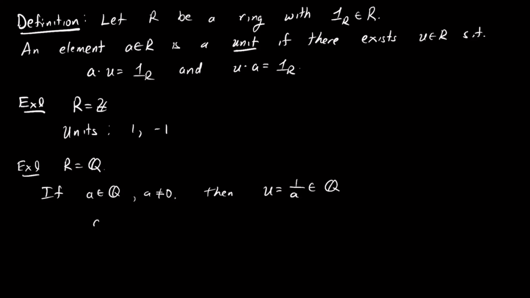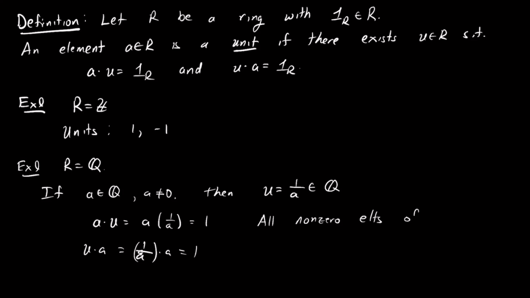And moreover, A times U, so that's A times 1 over A, is 1, and U times A, this is 1 over A times A, which is equal to 1. Right? So I see that all non-zero elements of Q are units.